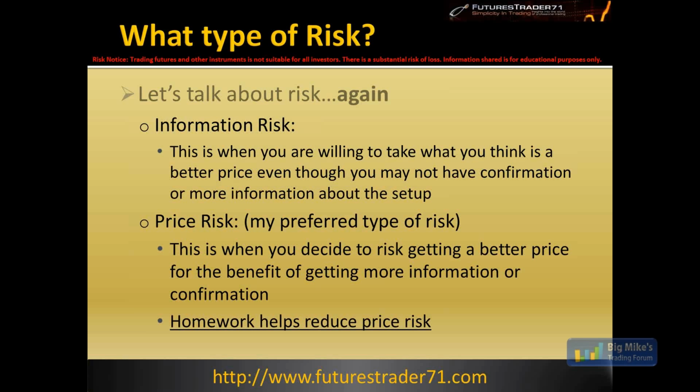When you take price risk, I can't believe I got this wrong here, but essentially what you're doing is you're waiting to get better information, but you're risking a worse price. Okay, so disregard this slide.